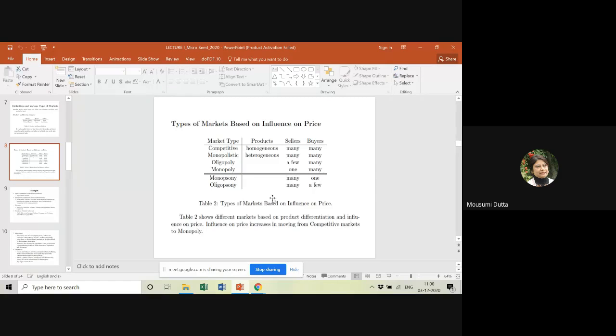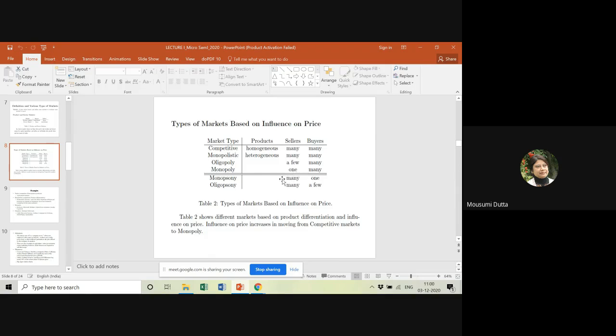Monopsony is the context when we have many sellers, however, only one buyer. Here, the sellers will always be many. In the commodity market, buyers will always be many, and sellers may be many, a few, or one.